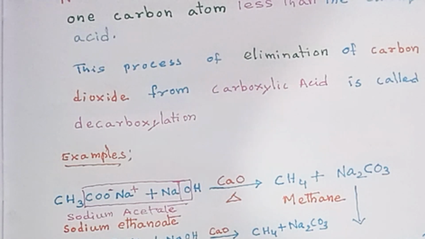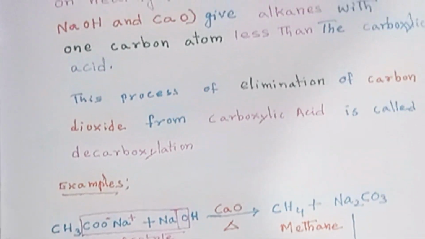The molecular formula of sodium propionate is C3H5O2Na and ethane has C2H6. So, here the carboxylic acid salt has 3 carbon atoms, whereas ethane has 2 carbon atoms. So, 1 carbon atom less than the carboxylic acid salt.